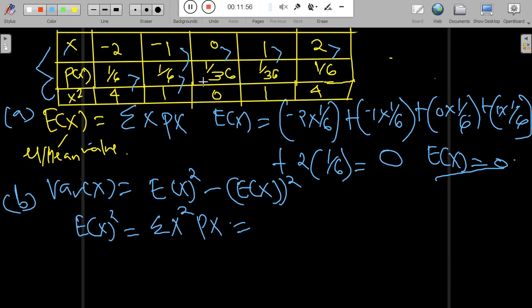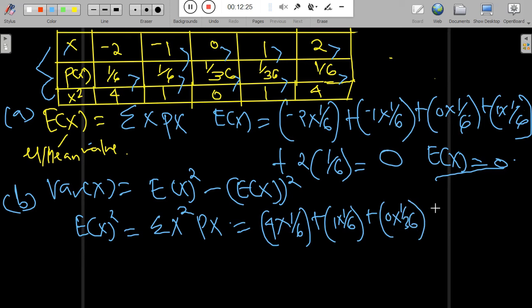So since we take the x squared and multiply by the probabilities, we take the summation of 4 times 1 over 6, then plus 1 times 1 over 6, plus 0 times 1 over 36, then plus 1 times 1 over 36, then plus again 4 times 1 over 6.